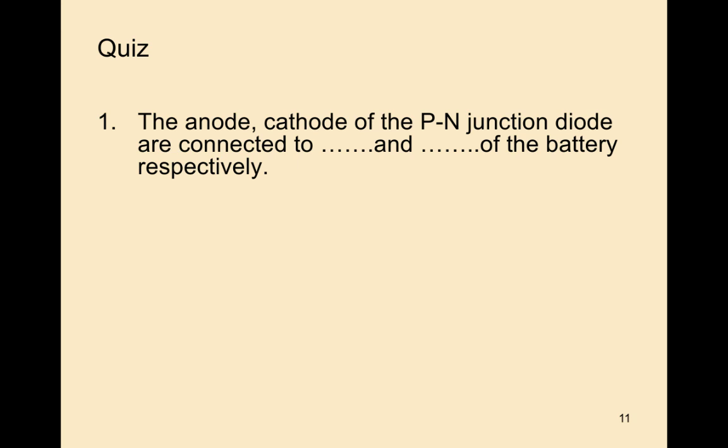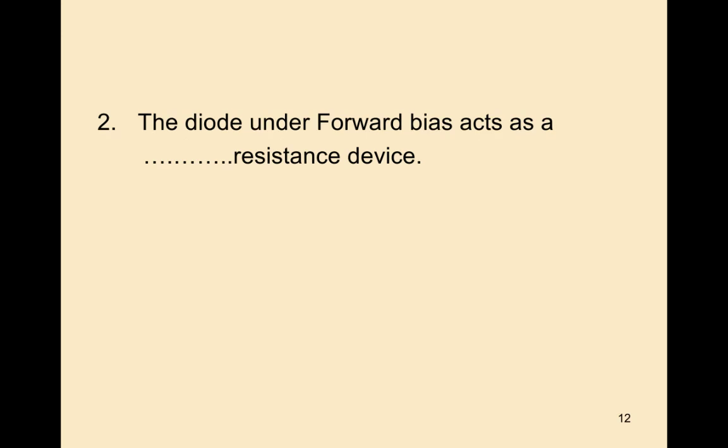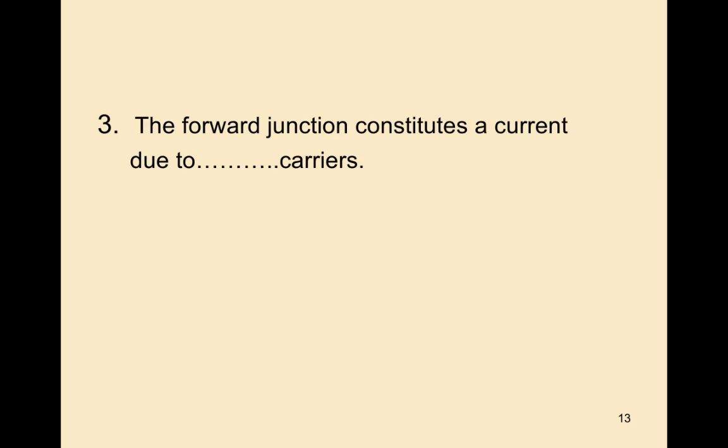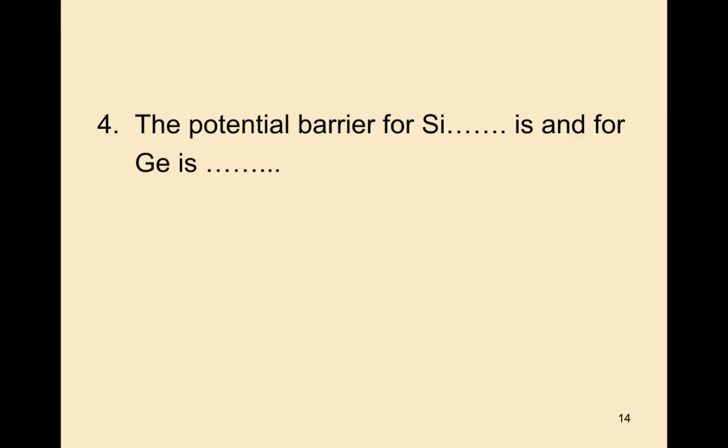These are the quiz questions. The anode and cathode of a PN junction diode are connected to the positive and negative of the battery respectively. The diode under forward bias acts as a low resistance device. The forward current constitutes a current due to majority carriers. The potential barrier for silicon is 0.7 volts and for germanium is 0.3 volts.